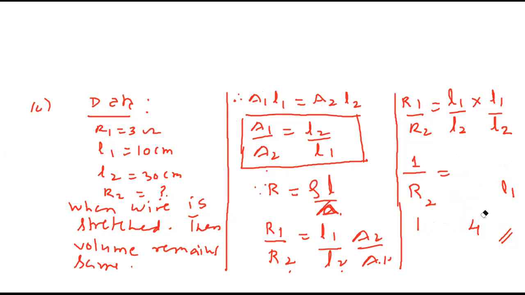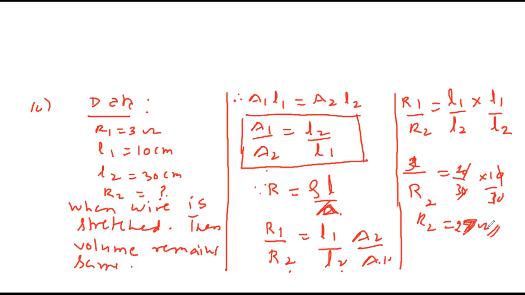L1 is 10, L2 is 30. So this will be 10 upon 30, 10 upon 30. Therefore, R2 equals 9 ohm. Oh, sorry, 3 3s are 9 and R1 is 3, so 27 ohm.